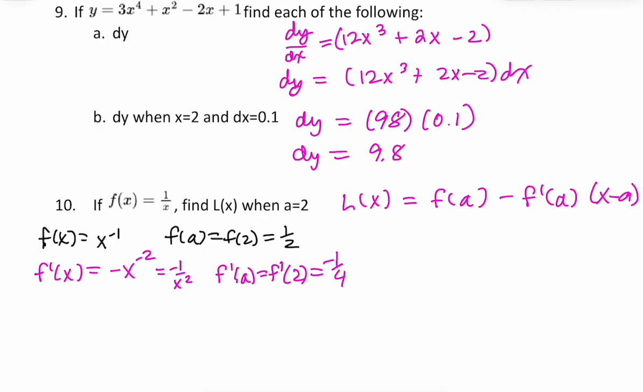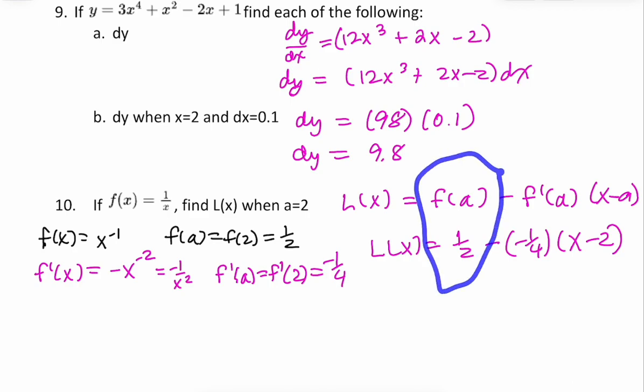Now let's plug everything into our formula, okay? So L of x is f of a, 1/2, minus negative 1/4 times x minus 2. Now let's analyze how I got that. F of a was just the function when you plug in 2, 1/2.